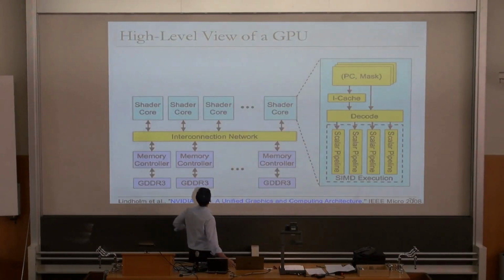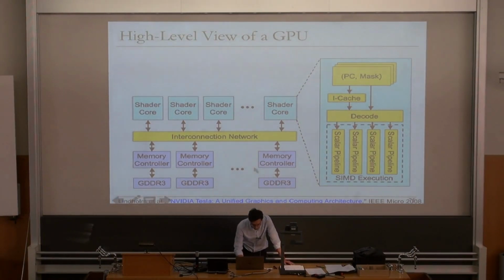Here you can see a little bit more detail about what would be an entire GPU. You have the memory here with the corresponding memory controllers and type of interconnection network, and the shader cores. These so-called shader cores are actually what we are calling the SIMD pipeline, or the SIMD cores. And within each of them, you can see that we have a program counter. Actually we have, as you can see, many instances of this program counter. We will have a different program counter for each warp.